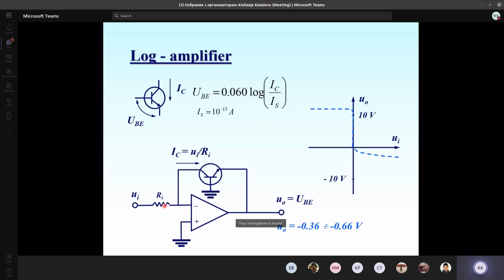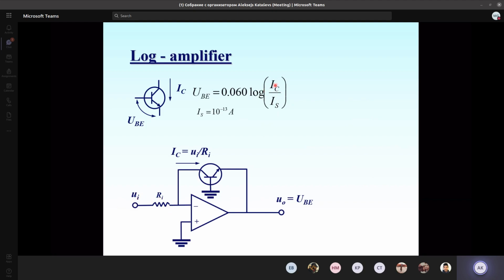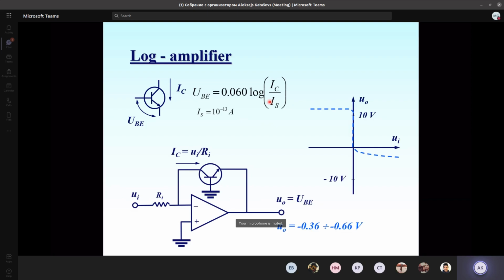So combining it together, the collector current is equal to UE divided by Ri, and we put it here, and we get that the output voltage, which is equal to the base emitter voltage, is proportional to the logarithm of the input current. What is important is that the output voltage will be negative, so it is actually equal to minus the base emitter voltage.